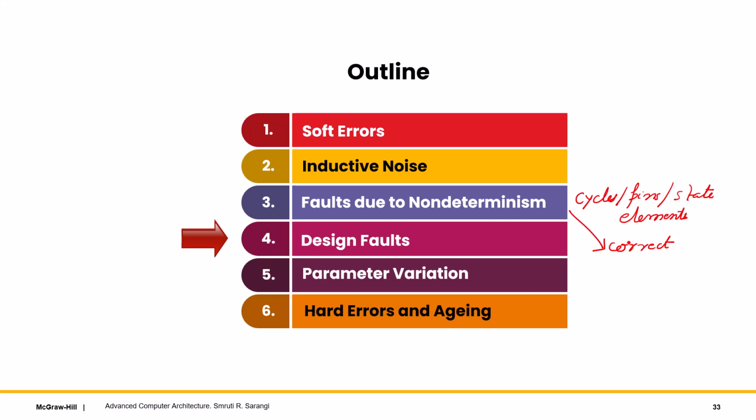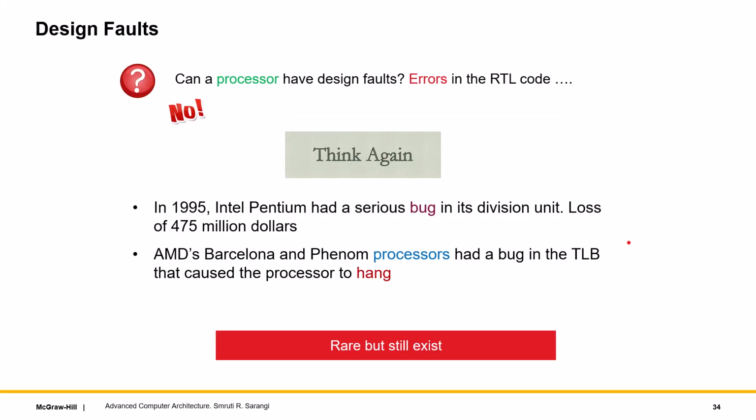Now let's look at design faults. A design fault is basically a bug, an error that the designer made. You can argue that the previous category of non-determinism was similar, where the designer assumed that some interface between the sender and the receiver would, let's say, take 2 cycles.